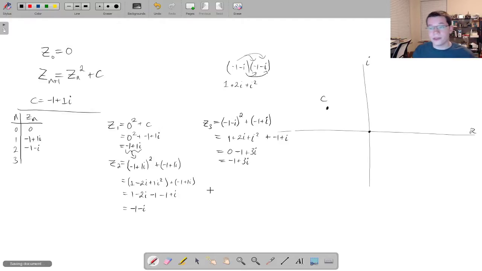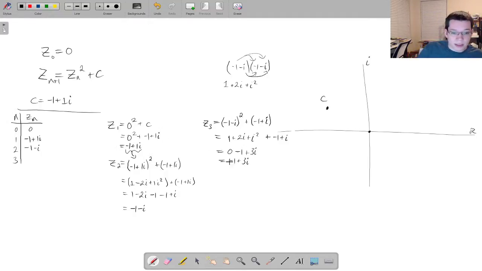Now, there is a convergence criteria that has been proven by somebody else, and I'm not going to prove it here. But the convergence criteria is that if the magnitude of z is greater than 2, it does not converge.